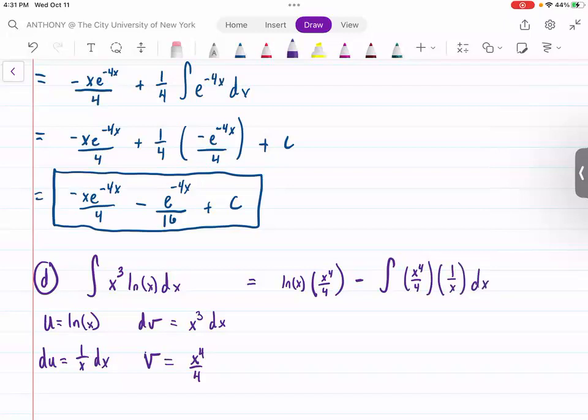All right, let me clean this up a little bit, and then we'll try to get the final answer. So ln of x times x to the fourth over 4, I can write as a single fraction: x to the fourth times ln of x, all divided by 4, minus, now inside of this integral, I can simplify it a little bit. First of all, I could pull out a constant multiple. What is the constant multiple that I can pull out here?